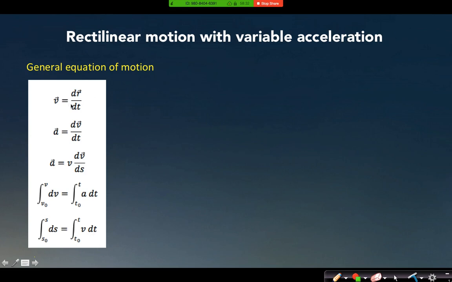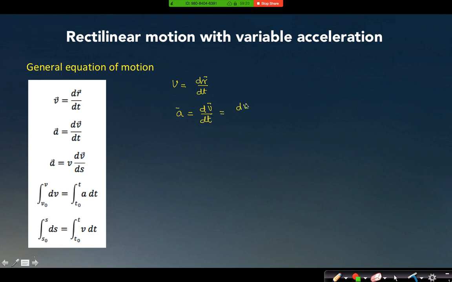If you remember, we have discussed the instantaneous velocity, we have discussed the instantaneous acceleration. Yes or no? Do you remember that? Okay. So taking the first equation, we can say v equal to dr by dt or ds by dt, and acceleration is equal to dv by dt. We can also modify this equation like this.